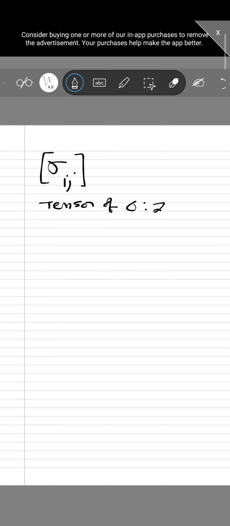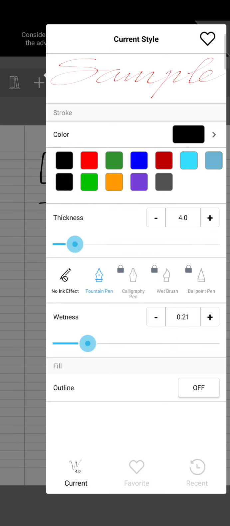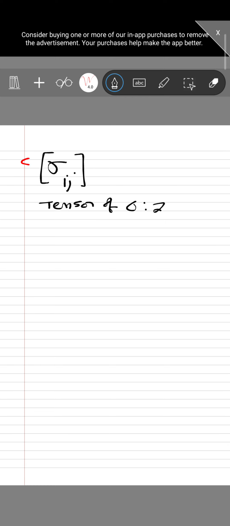Now this gets multiplied by a parameter called S, which is the compliance. In fact, it is 1 by E, the elastic modulus.